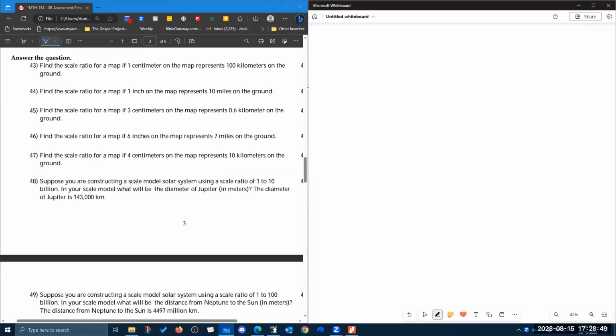And the scale ratio for a map if 4 centimeters represents 10 kilometers. So 4 times 10 to the negative second meters, 10 times 10 to the third meters. Meters will cancel. 4 to 10 times 10 to the fifth.